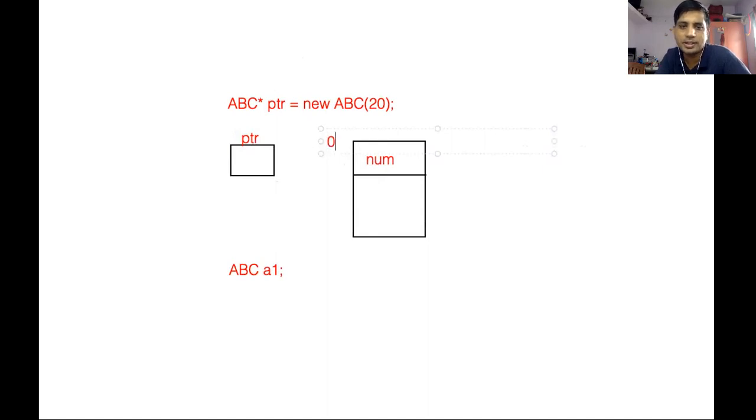Suppose 200 is the starting address. So what does PTR contain? PTR contains the address of that object. So PTR is pointing to this object. PTR is a separate variable, a pointer to that object.